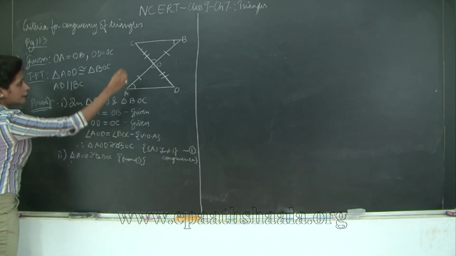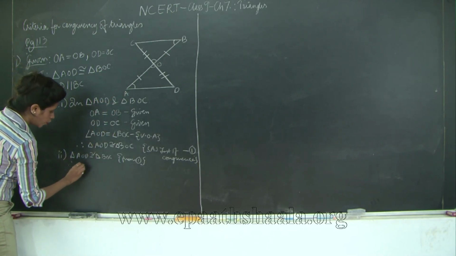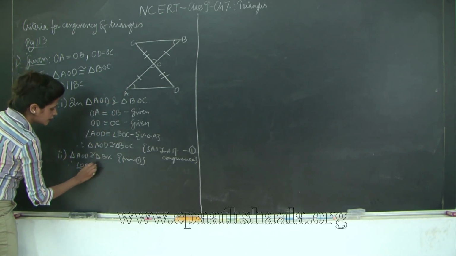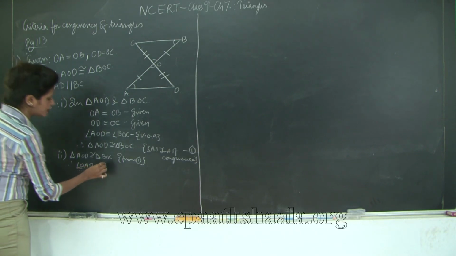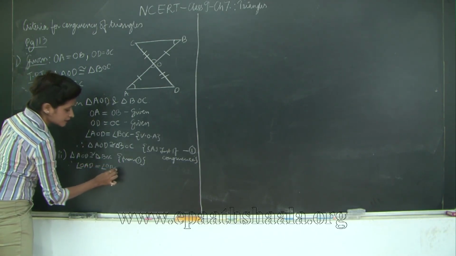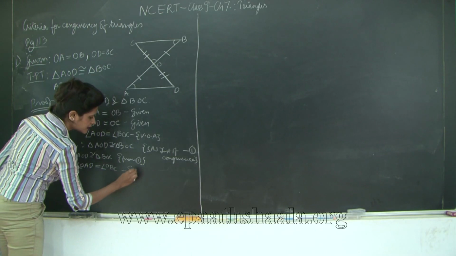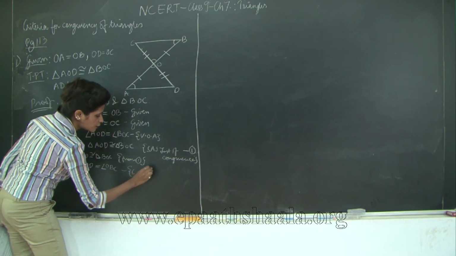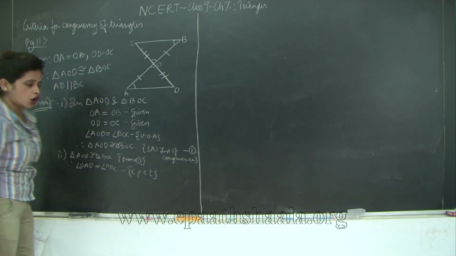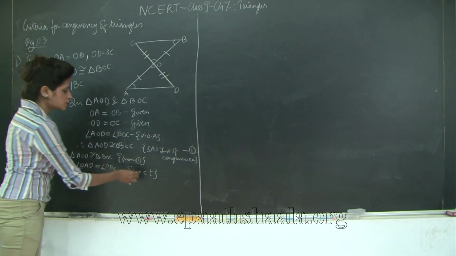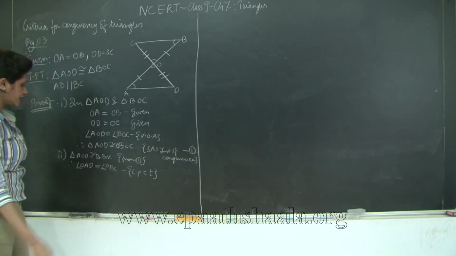So, my angle OAD is going to be equal to angle OBC. Why? I'm going to write CPCT, which stands for corresponding parts of congruent triangles, or you can even write CSCT, which means corresponding sides of congruent triangles.